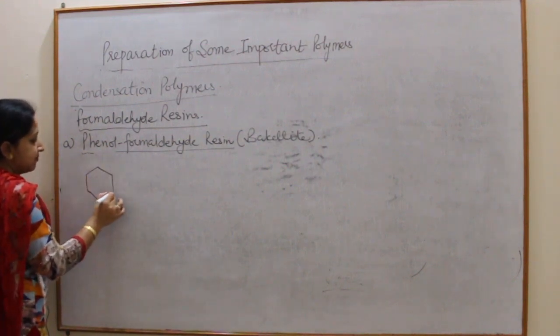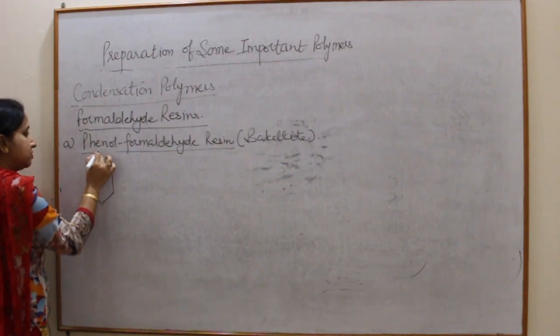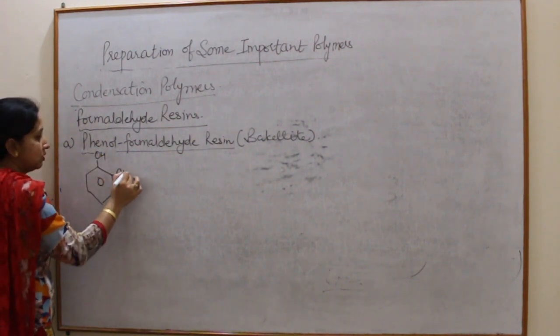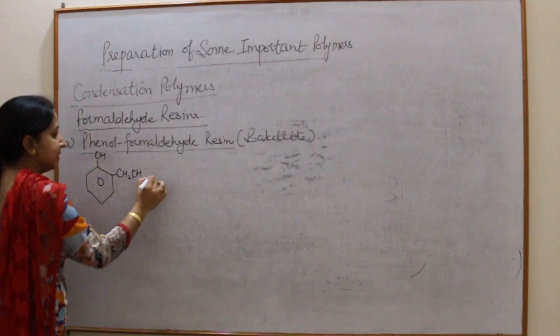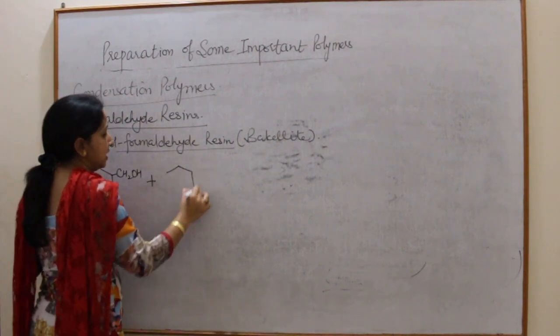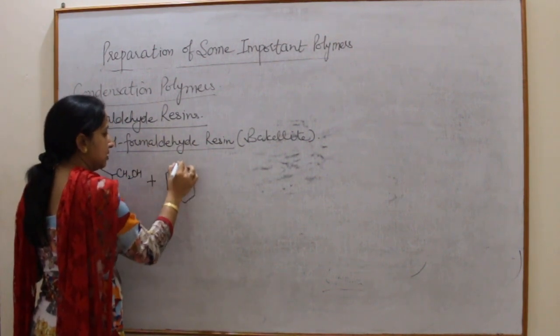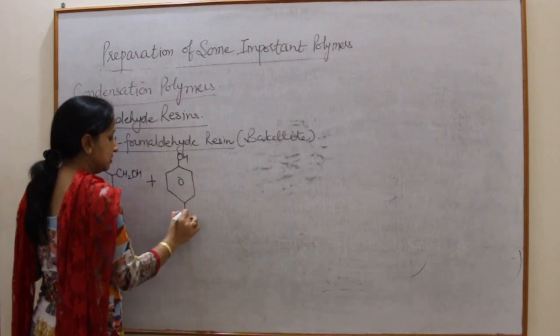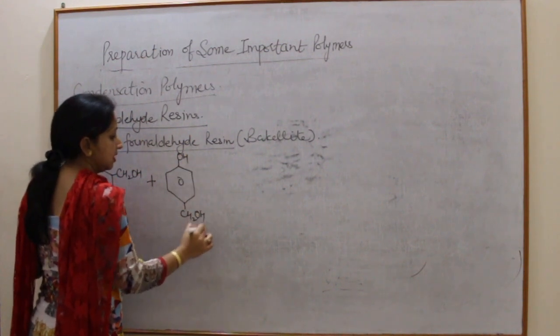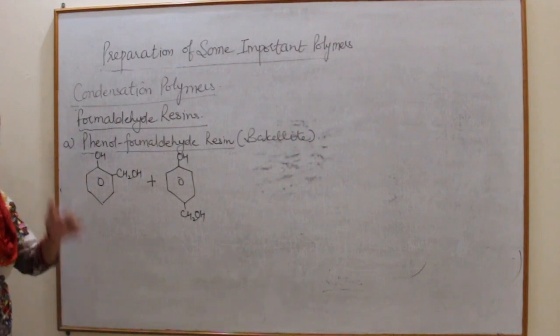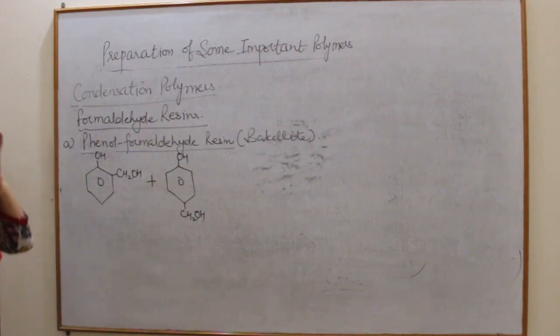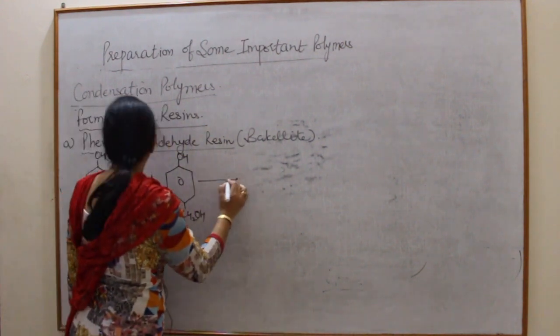For example, this was your ortho product and second we are taking the para product. How do we draw bakelite?